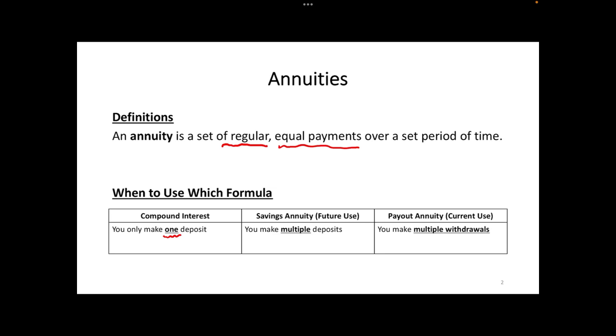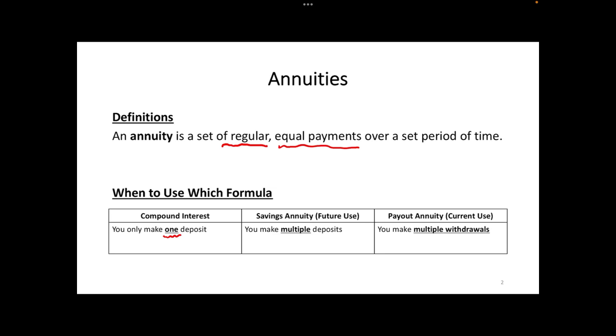All right, payout annuity is when you already saved the money, and now is the time you start to withdraw and use it. This kind of annuity, we call a payout annuity. So you make multiple withdrawals, like monthly, you're receiving maybe $1,200 from your retirement account.